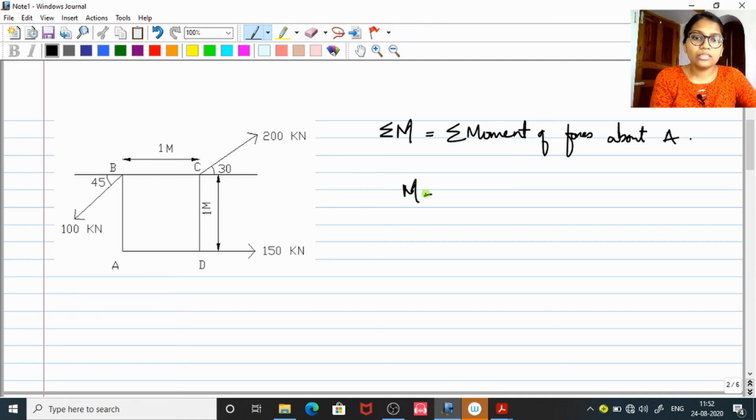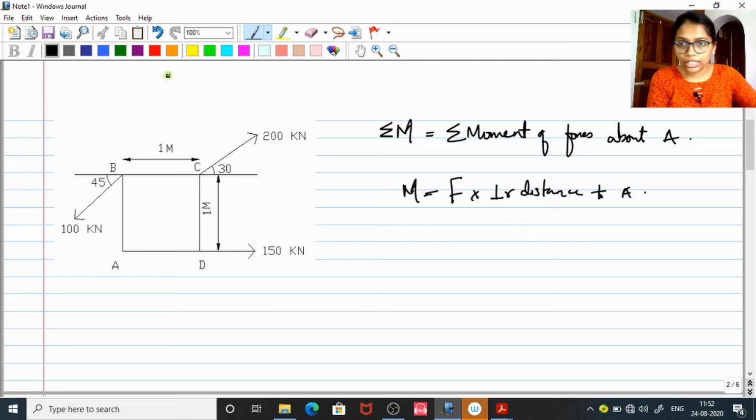This moment is equal to force into perpendicular distance. And this perpendicular distance is with respect to A. Perpendicular distance to A. For this question it is perpendicular distance with respect to A. So here is your point A and you have got many forces, isn't it?